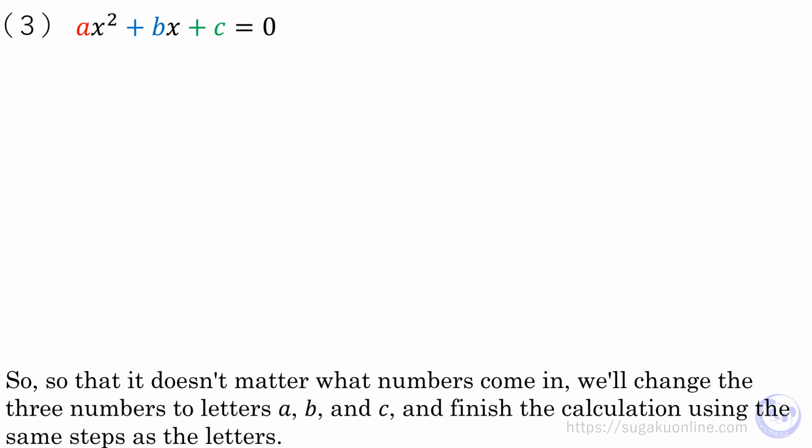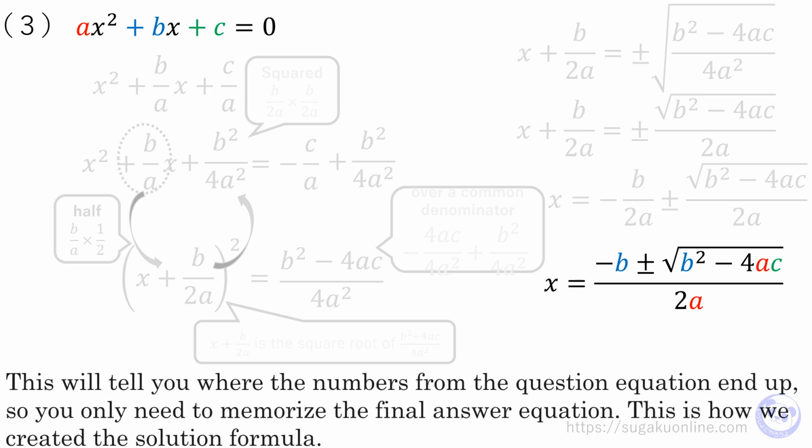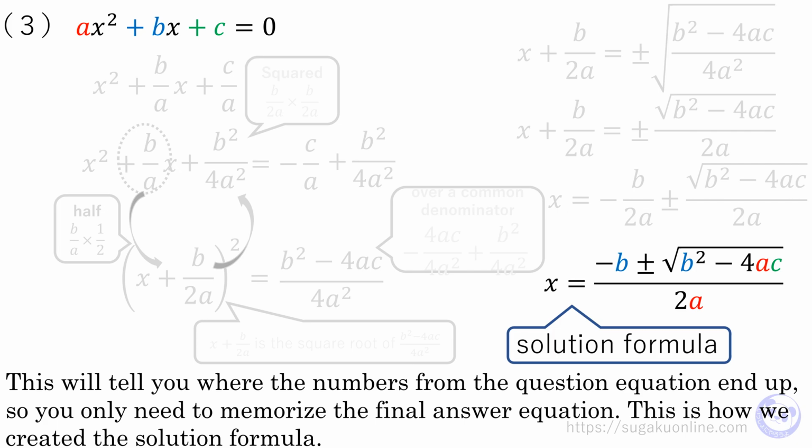So that it doesn't matter what numbers come in, we'll change the three numbers to letters A, B, and C, and finish the calculation using the same steps as the letters. This will tell you where the numbers from the question equation end up, so you only need to memorize the final answer equation. This is how we created the solution formula.